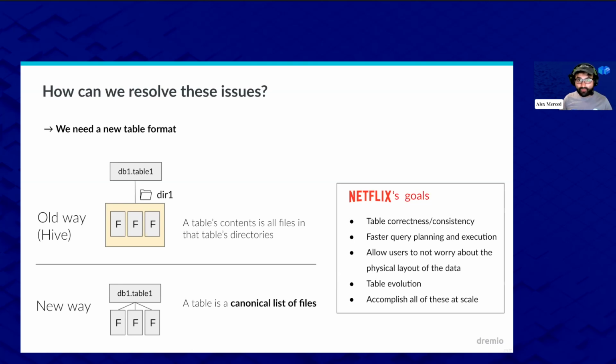It doesn't matter what folder the files are individually in, there's going to be a master list of the files that make up the table, separate from the directory. If you're on that list, you're part of the table. If you're not on that list, you're not part of the table. So basically, the folder is not what determines what's in the table, it's the list of files. And as we'll see, that list of files is going to contain all sorts of metadata that's going to allow us to more efficiently access those files.